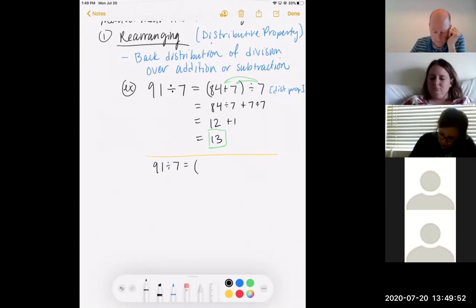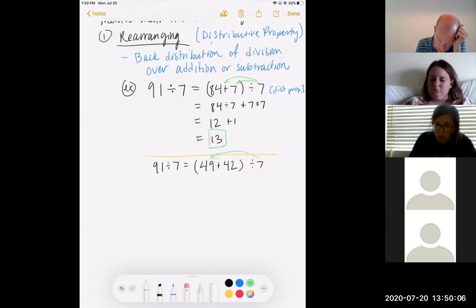You could do 49 and 42. Okay, 49 and 42. Okay, great. So I distribute this 7 to the 49 and the 42 by the back.